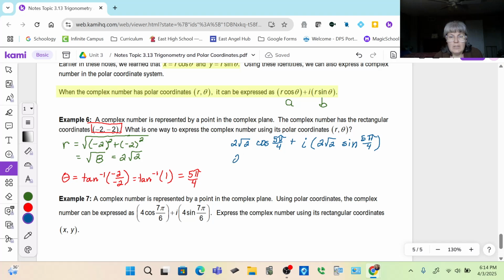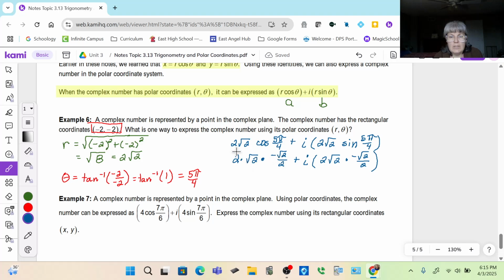So we're going to have 2 square root of 2 times the cosine of 5 pi over 4, because it is in that third quadrant, is going to be a negative square root of 2 over 2, plus i times 2 square root of 2. The sine is also going to be negative root 2 over 2, since it is in that third quadrant.